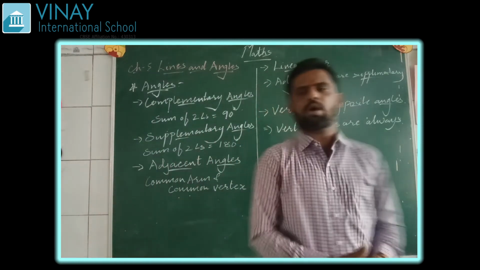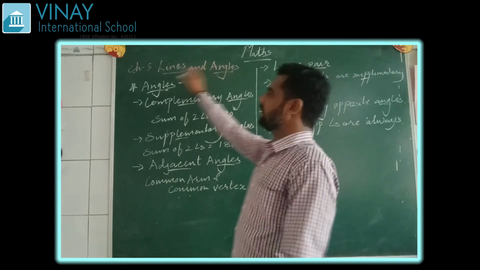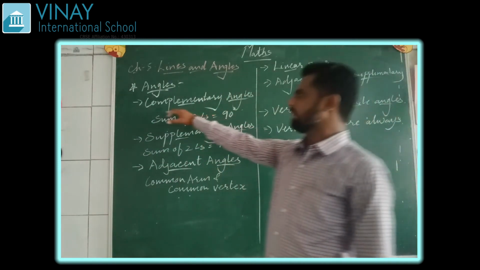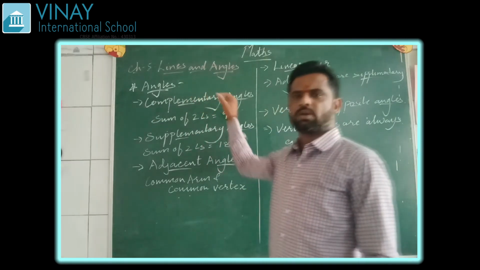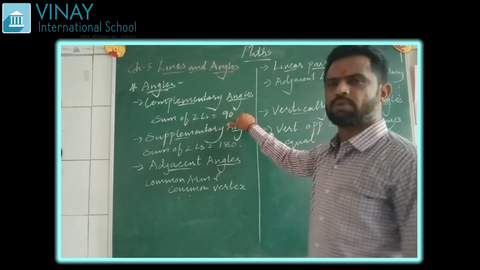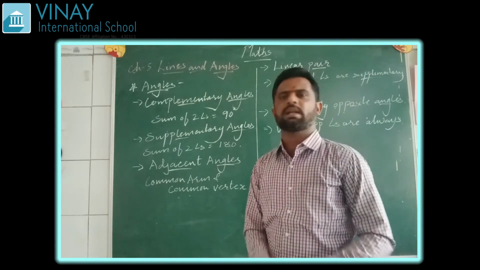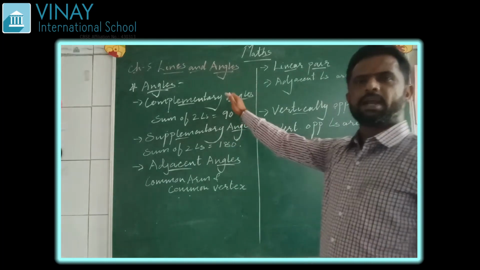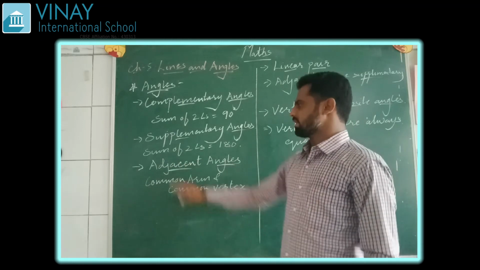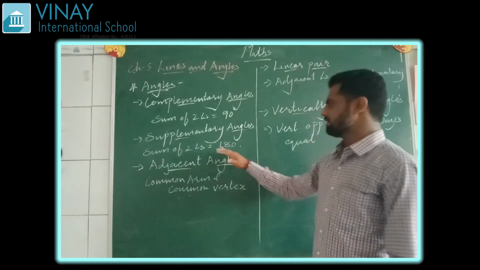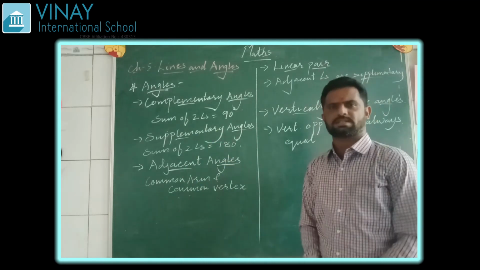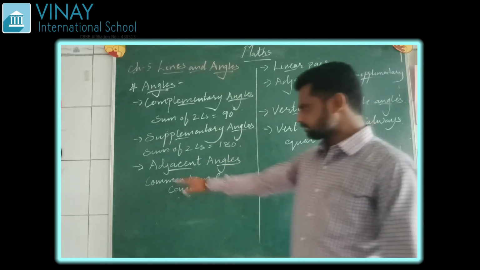Now let us revise what we had studied in angles, or we can say pairs of angles. We began with complementary angles. Complementary angles means if the sum of two angles is equal to 90 degrees, then those two angles are known as complementary angles. Supplementary angles means if the sum of two angles is equal to 180 degrees, then those two angles are known as supplementary angles.